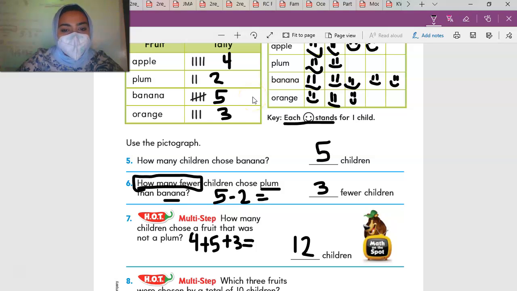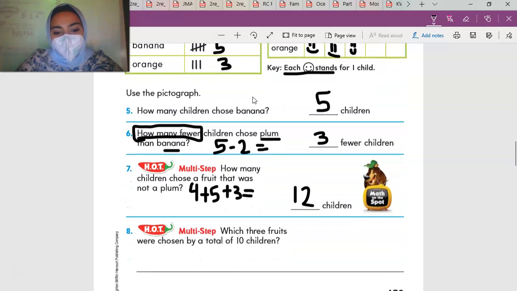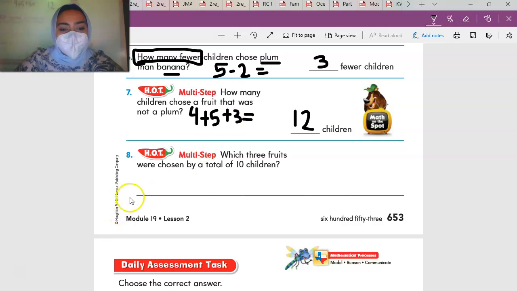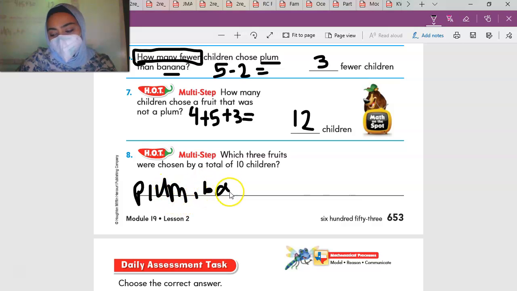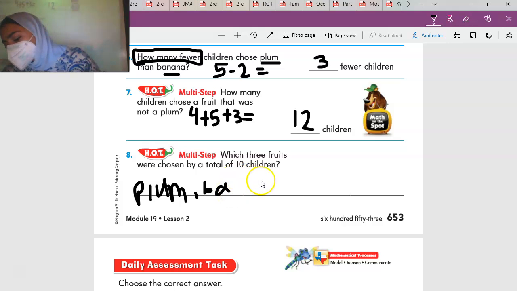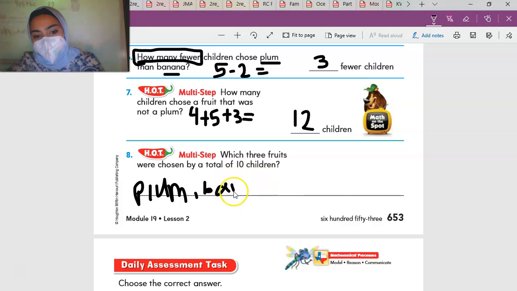So 2 plus 5 plus 3 is 10. So your answer could be plum, banana, and orange. So you would write plum, banana, and orange.